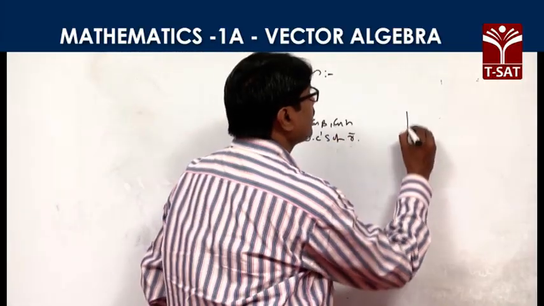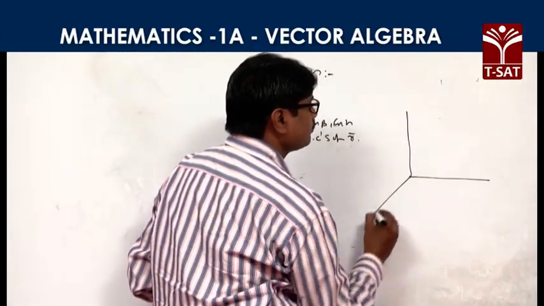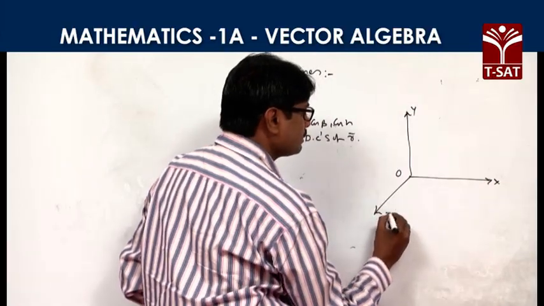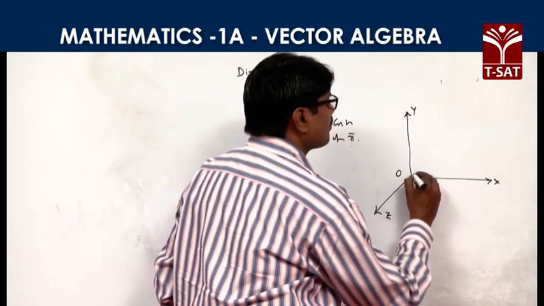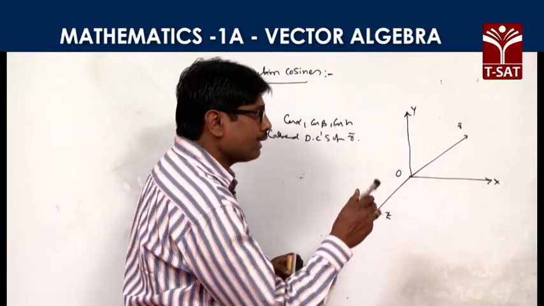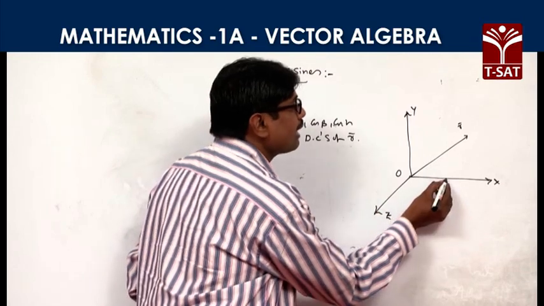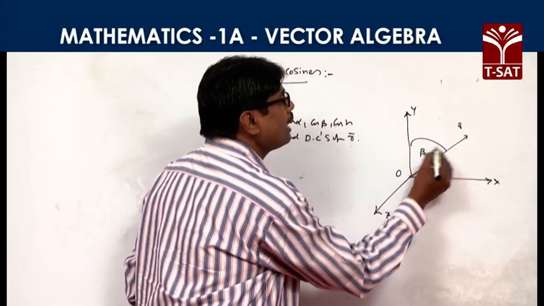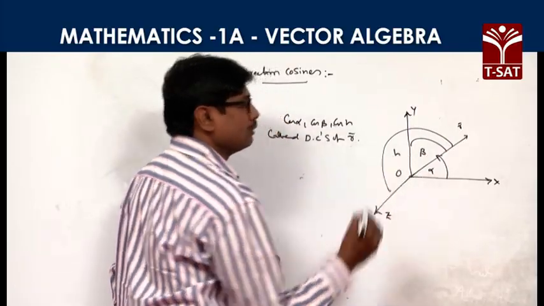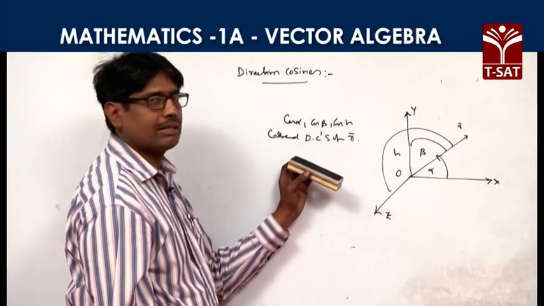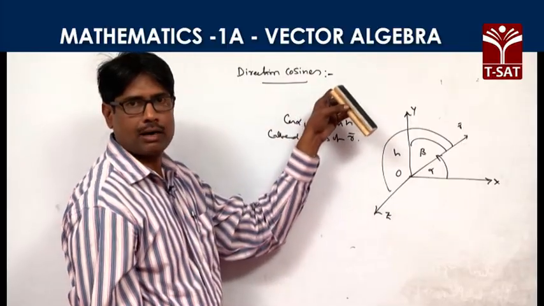For example, you take coordinate axes, O be the origin, x axis, y axis and z axis, and let OR bar be a vector. Then the angle made by the r bar vector with the x axis will be alpha, with the y axis beta and with the z axis gamma. Then cos alpha, cos beta, cos gamma we call the direction cosines of r bar.